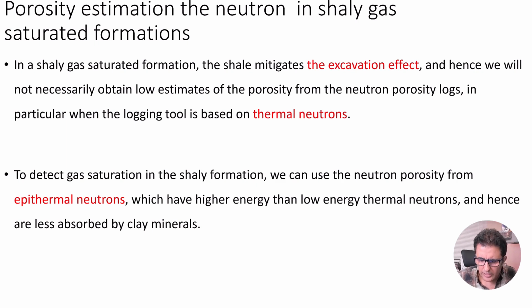Epithermal neutrons have moderate energy, more than thermal neutrons, so they are less affected by clay in the formation, and this is how we are able to see the excavation effect. So the solution is to use epithermal neutrons instead of thermal neutrons to see the excavation effect in gas saturated zones of shale formations.